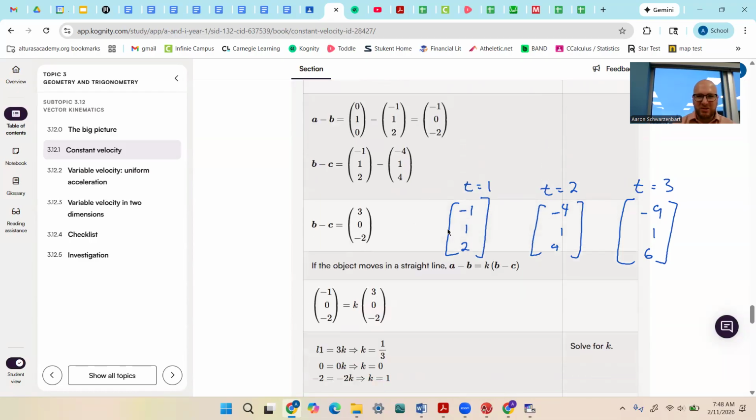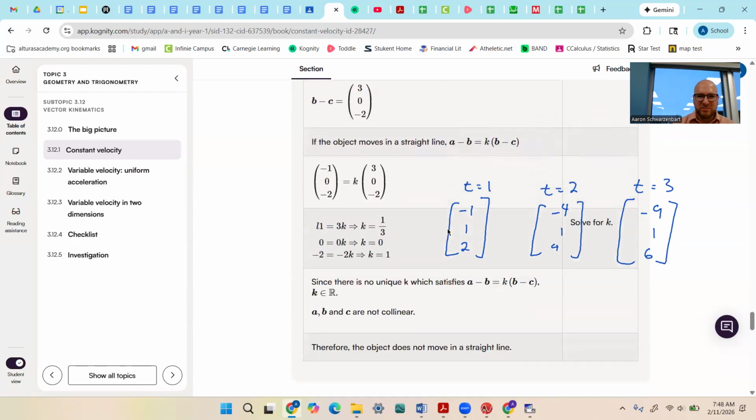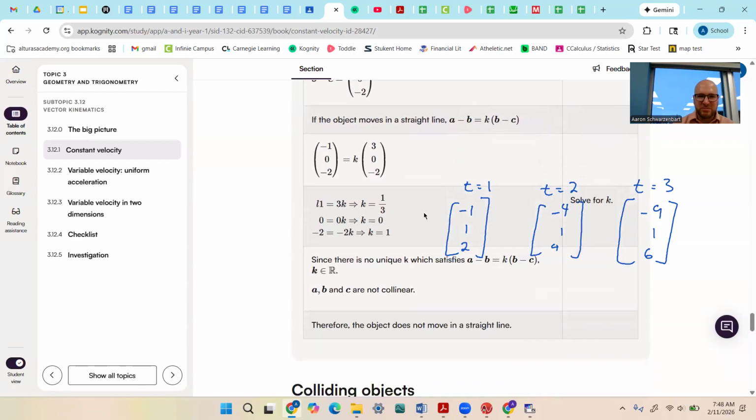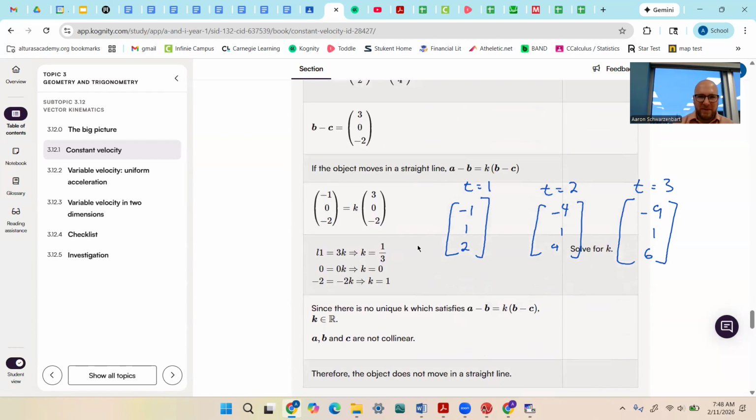So comparing the ones, essentially finding the slope between them, not all the same.